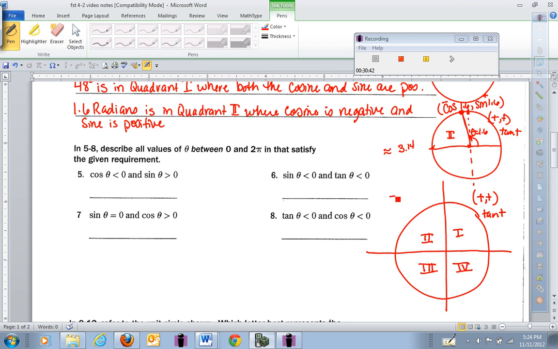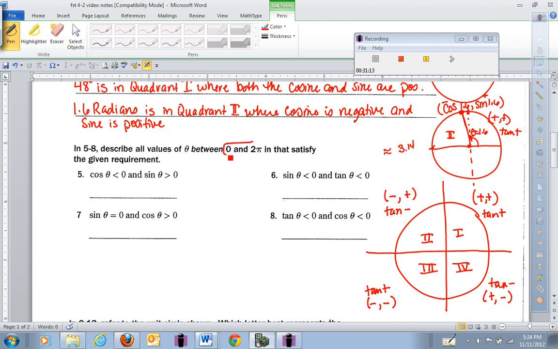In the second quadrant, cosine is negative, sine is positive, tangent is negative. In the third quadrant, cosine is negative, sine is negative, tangent is positive. In the fourth quadrant, cosine is positive, sine is negative, and the tangent is also negative.